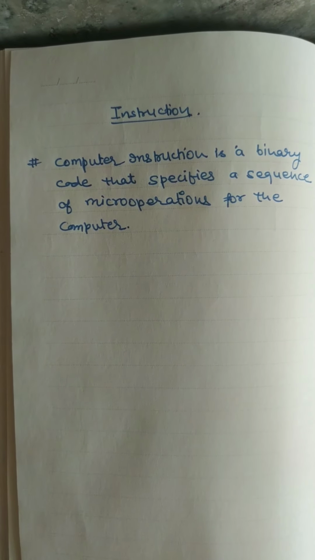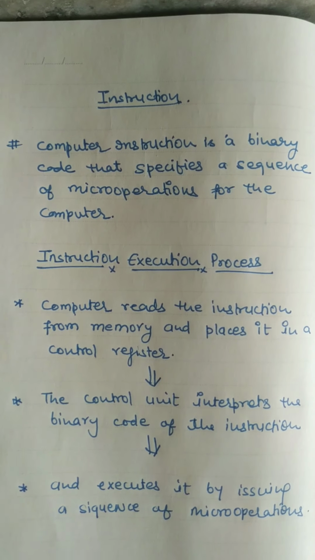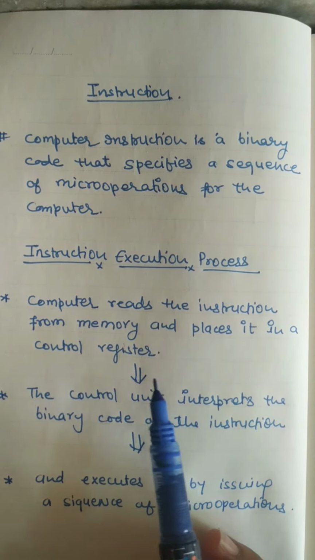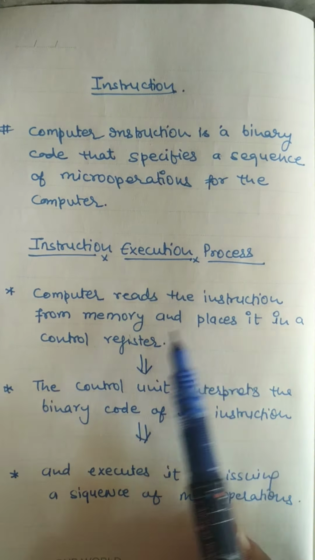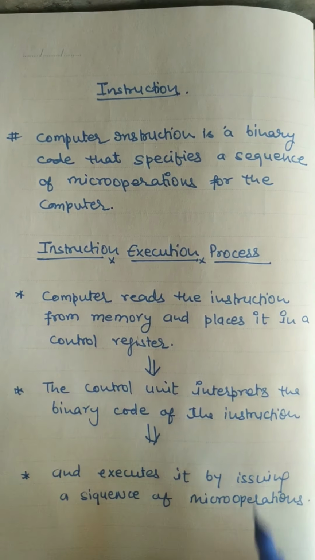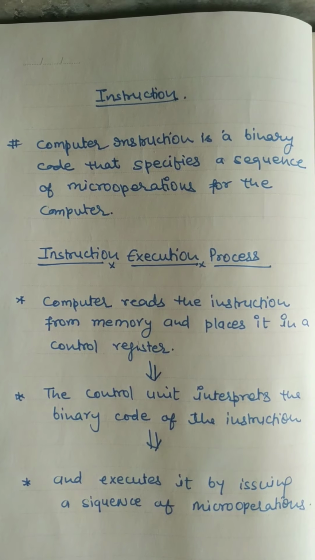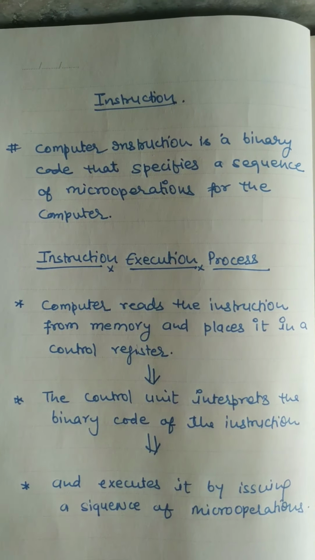We can understand the instruction execution process as follows. First of all, the computer reads the instruction from the memory and places its content in a control register.